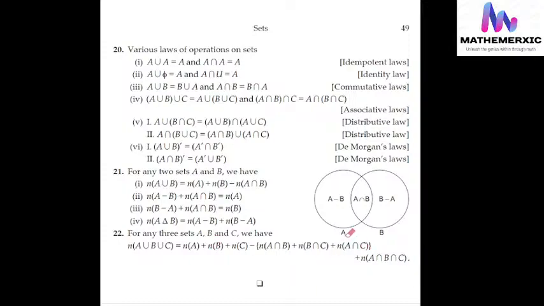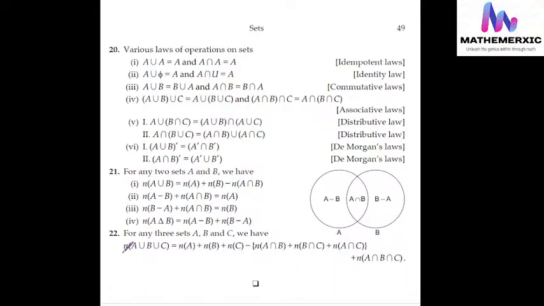That will give the number of elements of A union B union C. This particular formula we generally use in many cases.